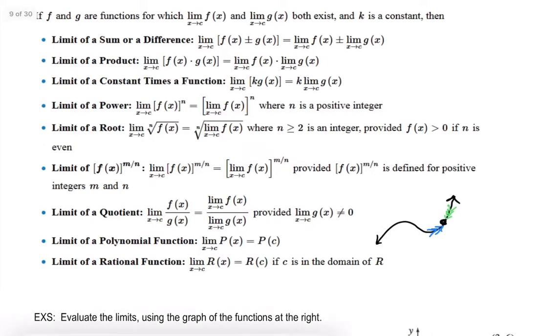So for a polynomial function at some point c, we get to evaluate that limit by just doing direct substitution into the function. That's what that one is saying.